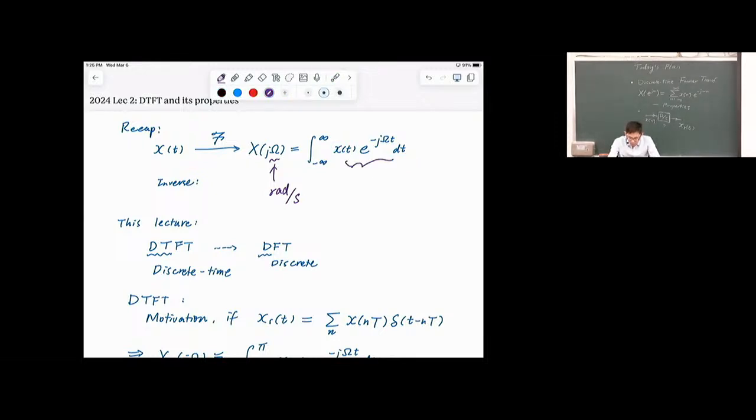Okay? So I have some remark. This really is the inner product of two signals. Which two signals? It's an inner product of x(t) with e to the j big omega t.